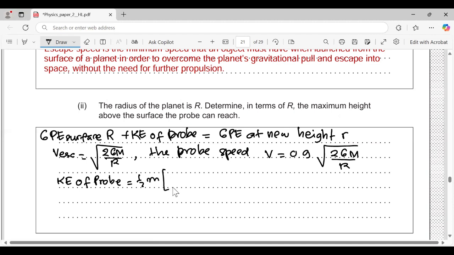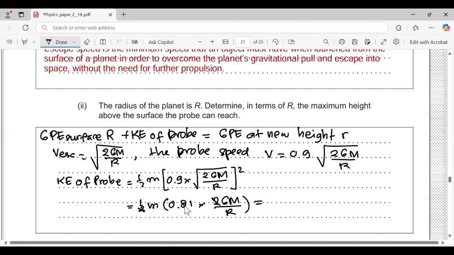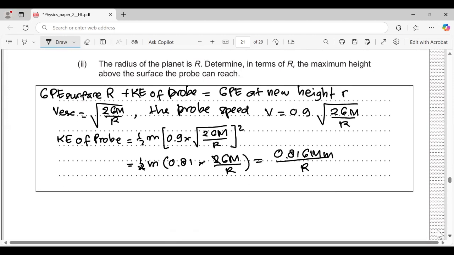With m and v equal to 0.9 times the square root of 2GM over R, squared, it's going to be 1/2 m times 0.81 times 2GM over R, and then this is 0.81 GMm over R. This is the kinetic energy of the probe. And after that, we can continue.